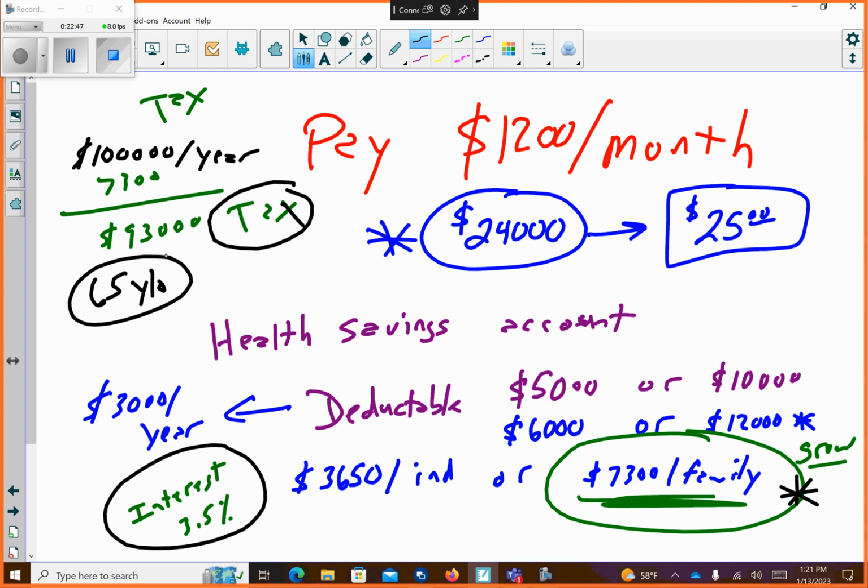My wife and I have had a health savings account now for 14 years, and we have about $78,000 sitting in our health savings account, earning 3.5% interest. I'm telling you a personal story. That's where it really is.